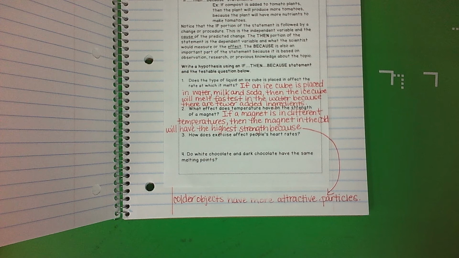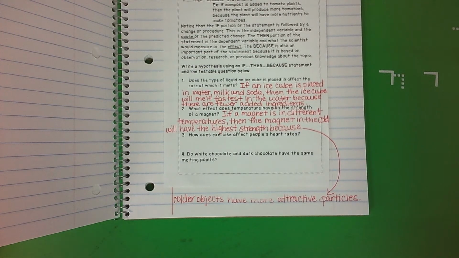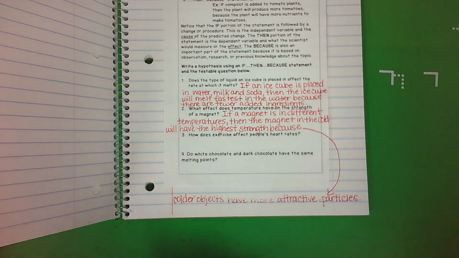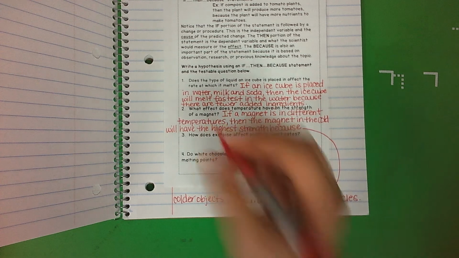Alright, so if a magnet is in different temperatures, then the magnet in the cold will have the highest strength because colder objects have more attractive particles. So when I was researching, I would have looked up magnetic strength, what has happened when people have tested it before, does temperature affect it, then it may tell me about how colder temperatures attract particles, those kinds of things. Okay?